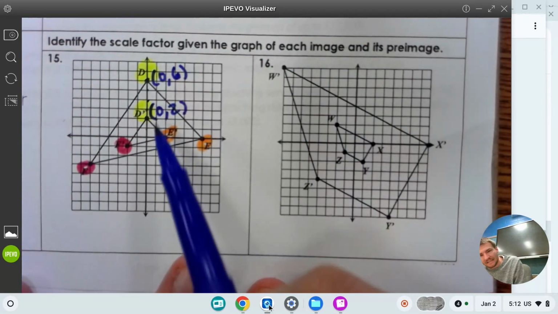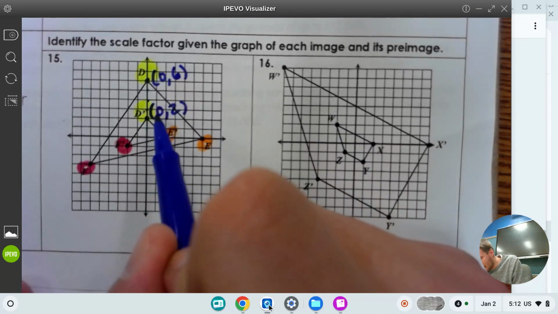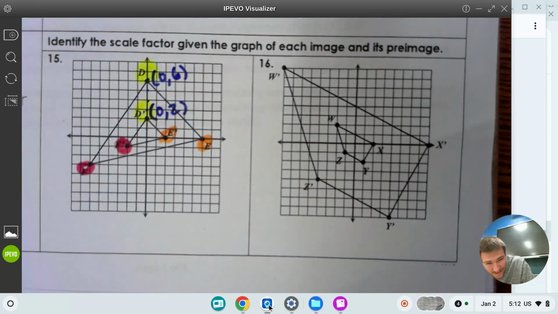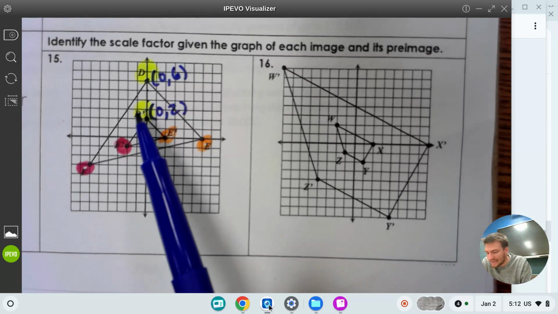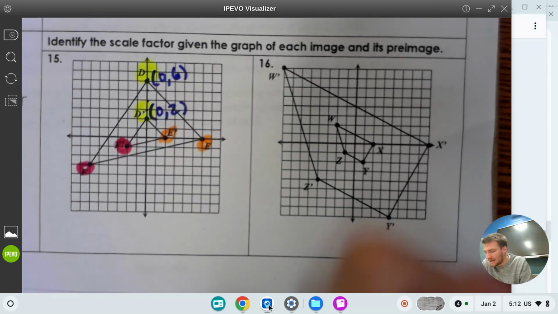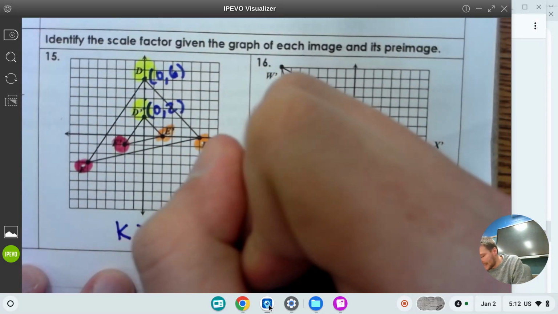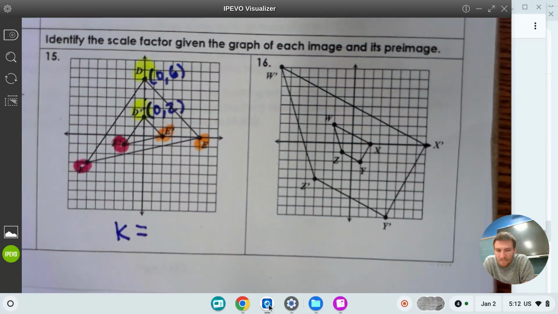So how much did I get multiplied to get from here to here? And there is where I very quickly ran into a little bit of a mistake. I need to compare the D and the D, and I haven't made any mistakes yet. But my scale factor, I can use K for that, I have to make sure that I'm going from the original to the new one. If you remember yesterday, when we did transformations, so which one is the OG D?